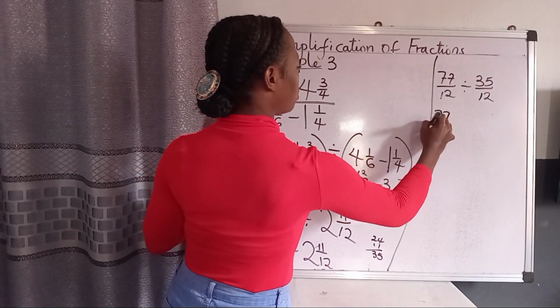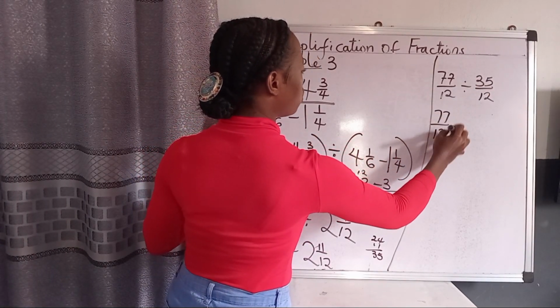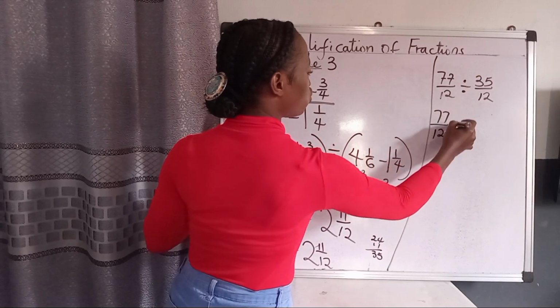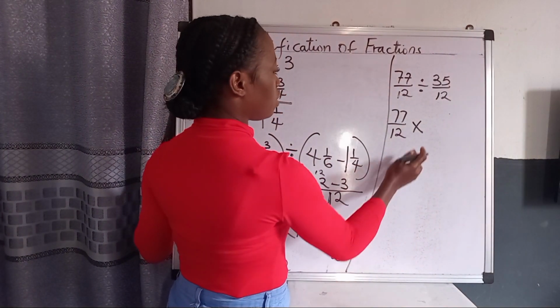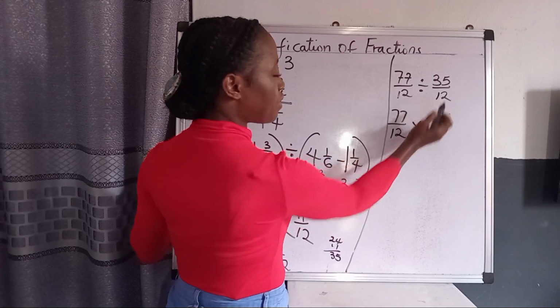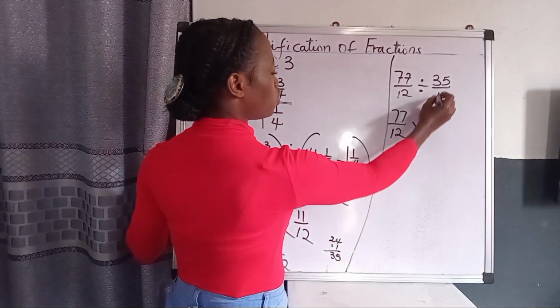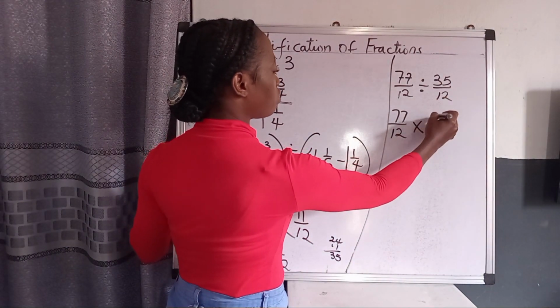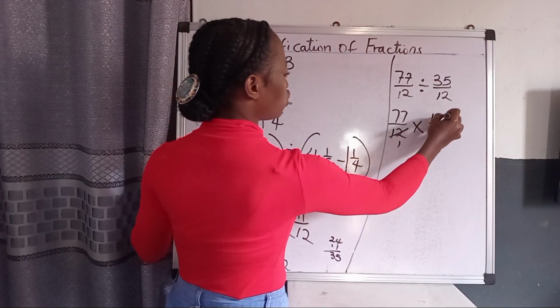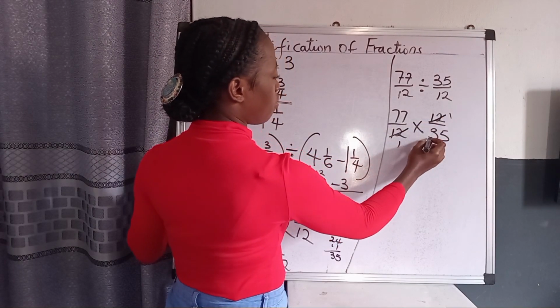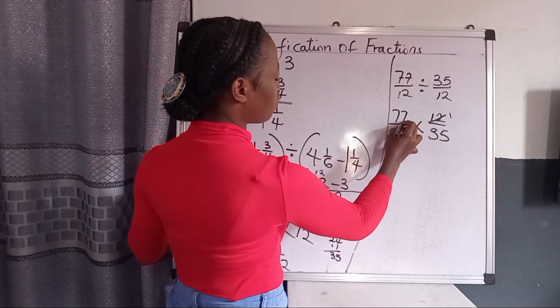Division of fractions. So that will give me 77 over 12. Change the division sign to multiplication sign, remember. And when you do that, this fraction will be inverted. So 35 over 12 becomes 12 over 35. 12 here 1, 12 here 1. We have 35, we have 77.